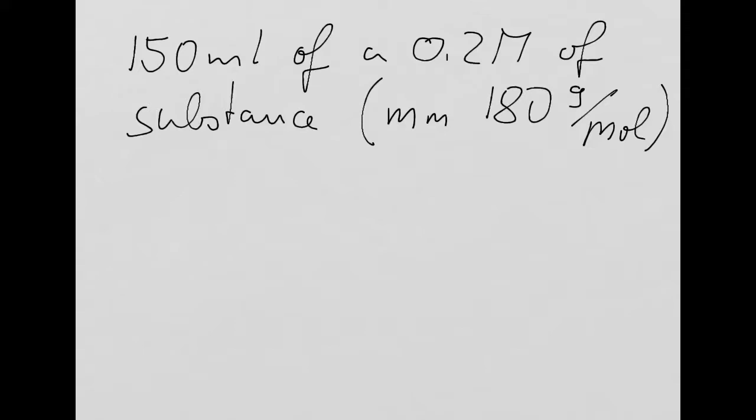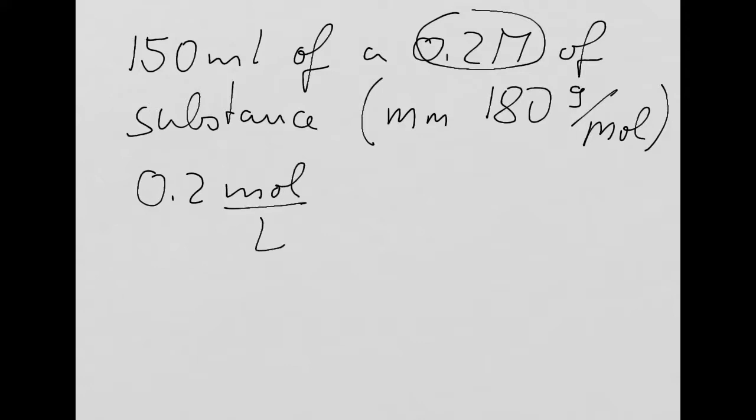First question, what does 0.2 molar mean? What does this capital M indicate? Molar, obviously. Moles per liter, thank you. So we have 0.2 moles per liter. That's a good starting point.